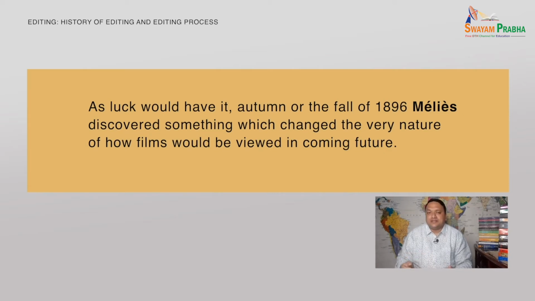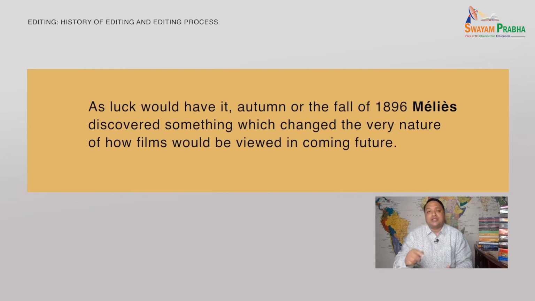When Méliès developed the film, even the magician was flabbergasted by the magical thing that happened at that moment. The bus turned into the hearse right there on the screen.